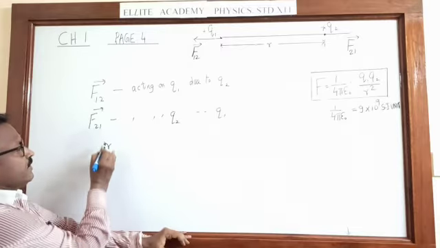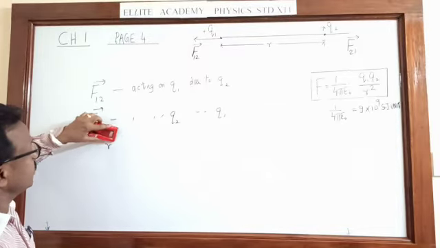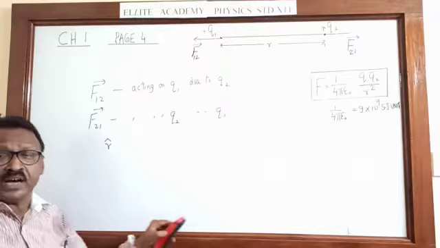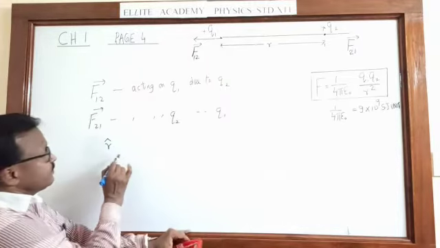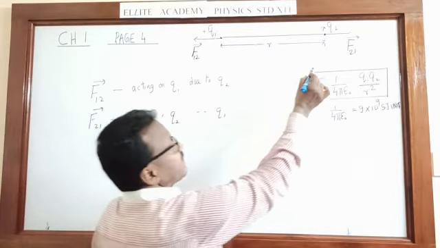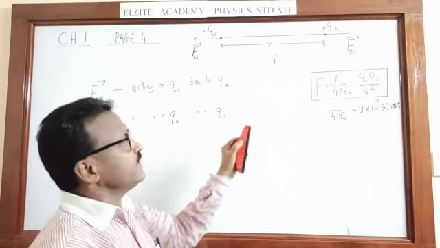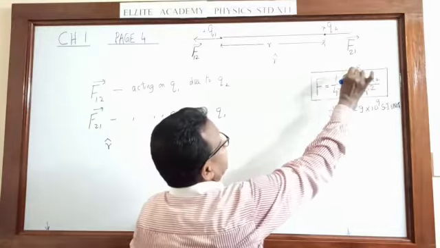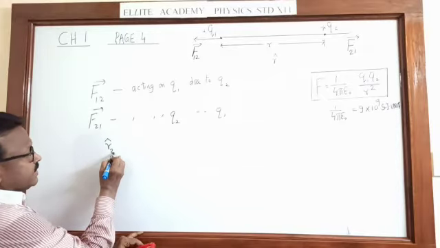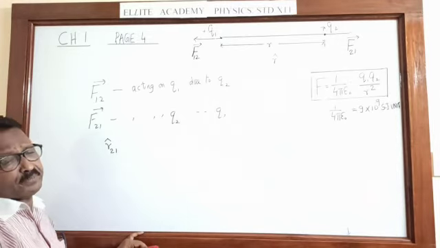Then we studied about a unit vector. If R is a vector, I represent it this way. A unit vector means one whose magnitude is going to be 1. We put a cap like this, we say R cap. So R cap means a unit vector in the given direction R. We want a vector in the direction to the right. I write it as R cap to the right. The notation is unit vector pointing to the charge Q2 to the right from the charge Q1, R21 cap.